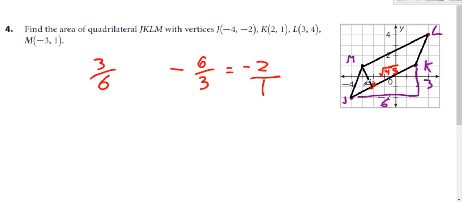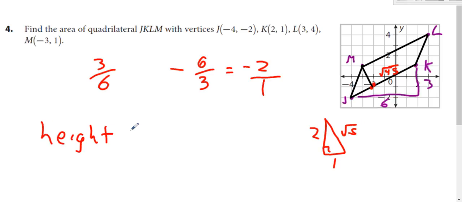And that length, like we said, it goes down 2 over 1, so it's this triangle. 2 squared plus 1 squared is square root of 5, so our height is square root of 5. And our base is square root of 45.